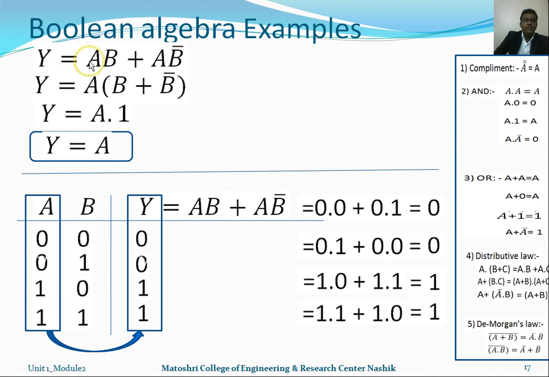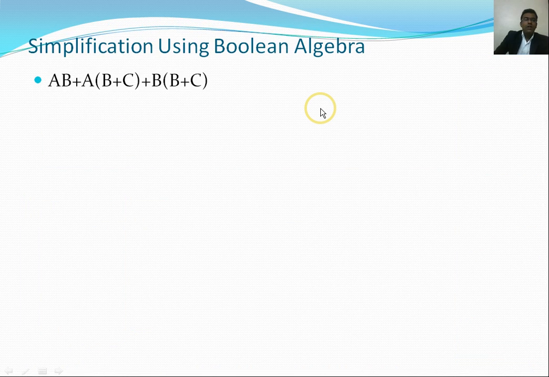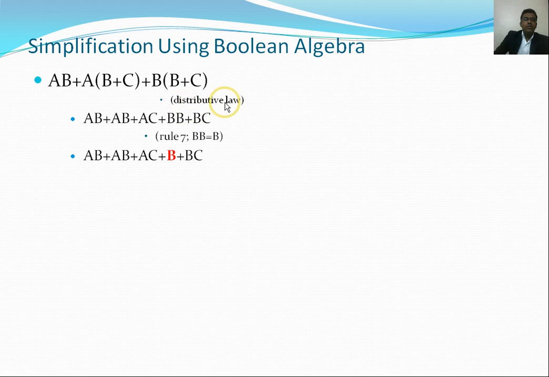Complicated expressions we have to simplify, and we will see how using these examples. Now we take another, more complicated example. Using the distributive law, we multiply A with the whole bracket, getting AB, and inside we get AC. We multiply B with the whole bracket B OR C, so B ORing with BC.